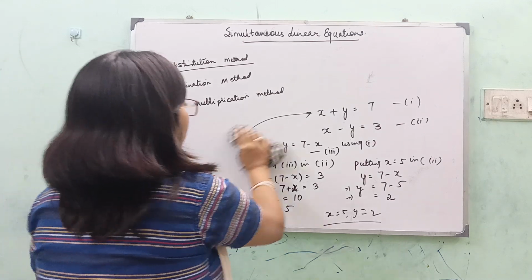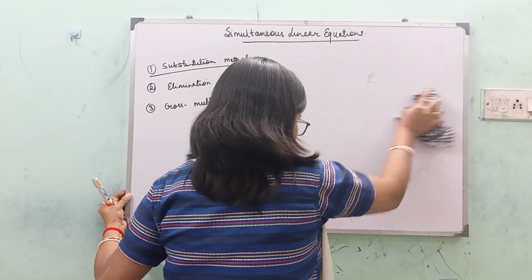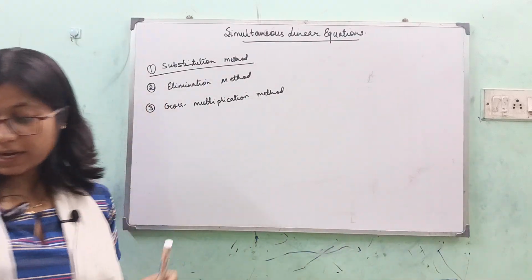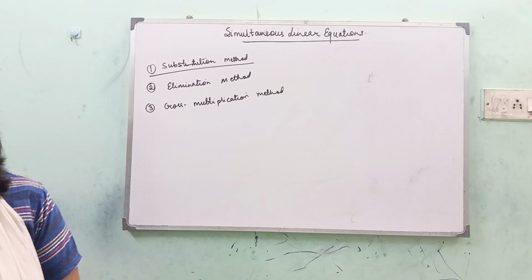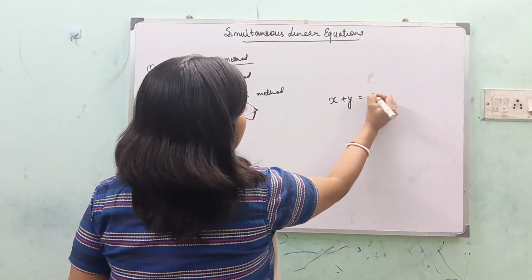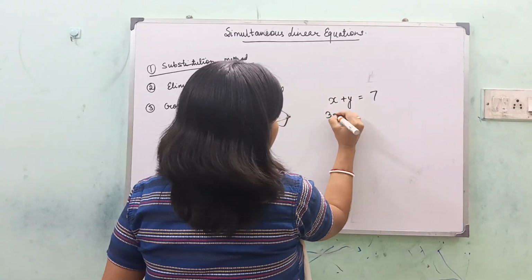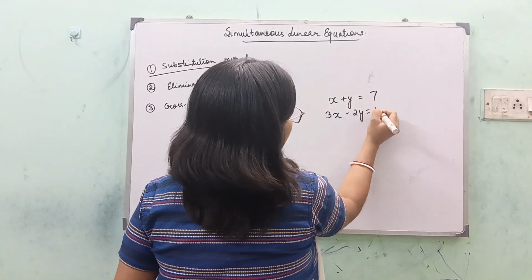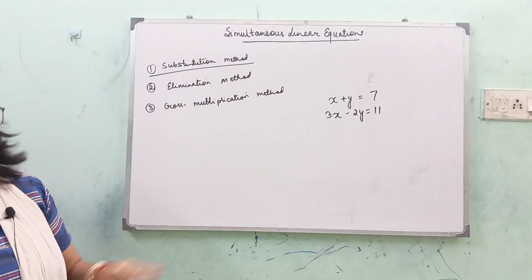Let us do another sum based on this, so that our idea becomes quite clear. Let us take x plus y equals 7 and 3x minus 2y equals 11.